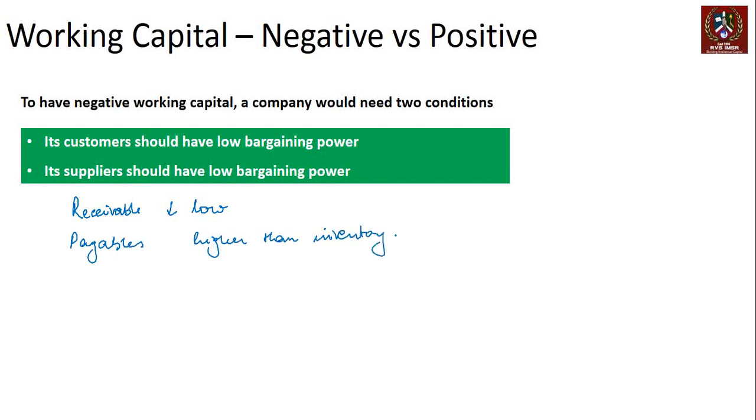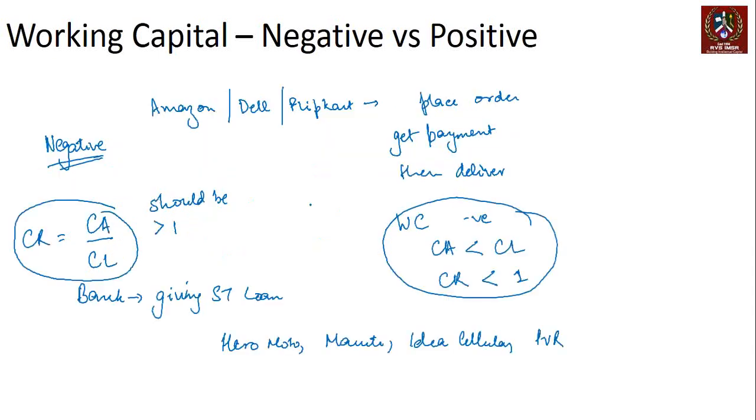Then the equation settles itself, right? We said in current assets and current liabilities, if you have receivables and payables established in such a fashion that receivables are low and payables are higher than inventory, then you will be able to satisfy the equation where we arrive at the definition of current assets being less than current liabilities.